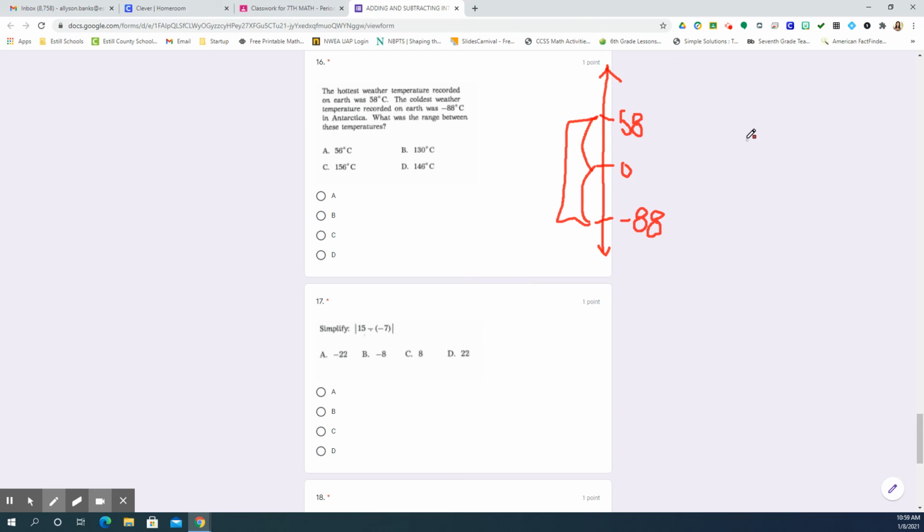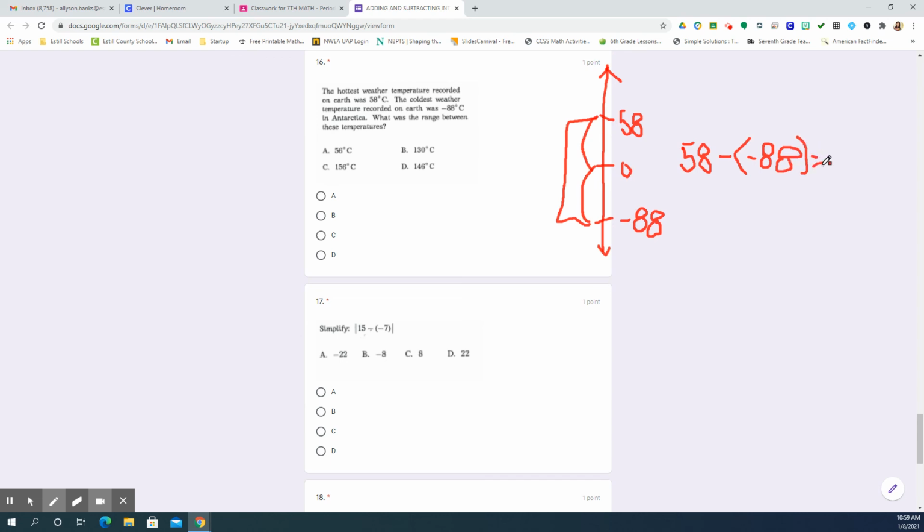So you've got to determine the difference between 58, go from 58 to 0, and from 0 to negative 88. So what is the distance from here to here? 88 plus 58. To write that down, you'd say 58 subtract negative 88, and that would become our add the opposite.